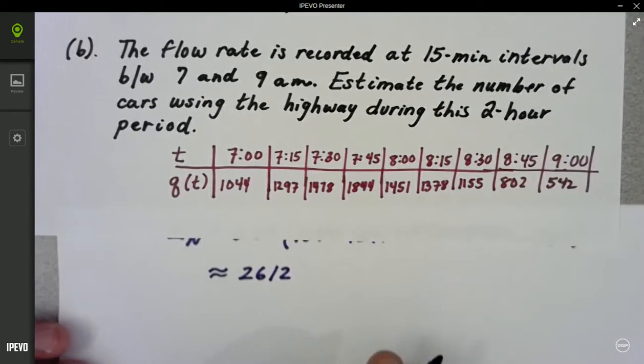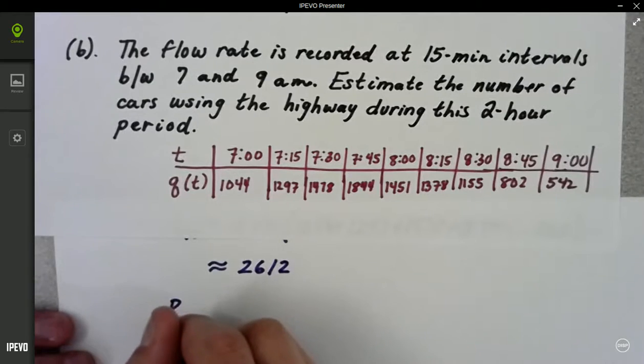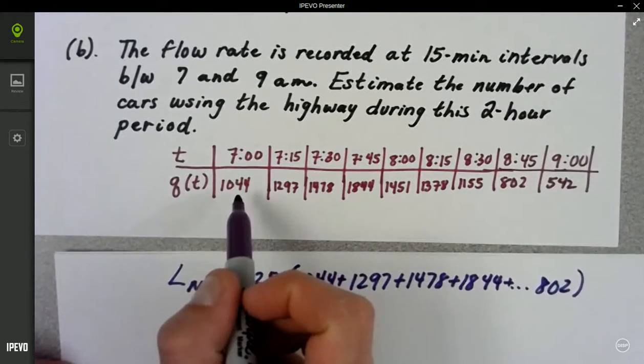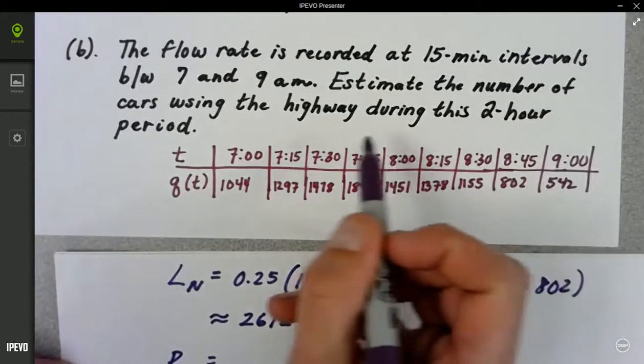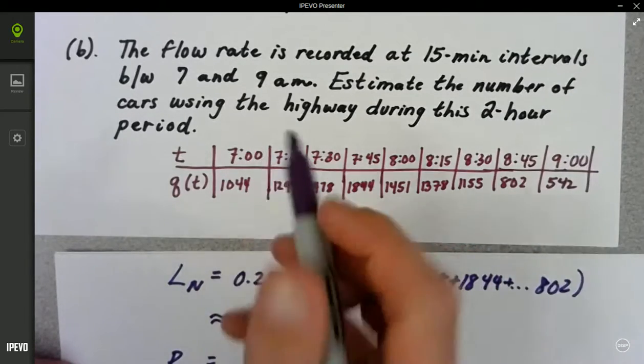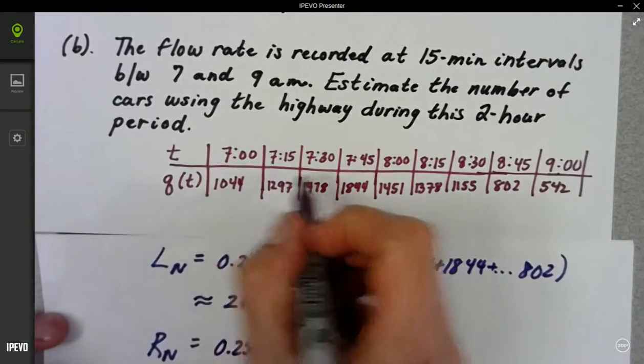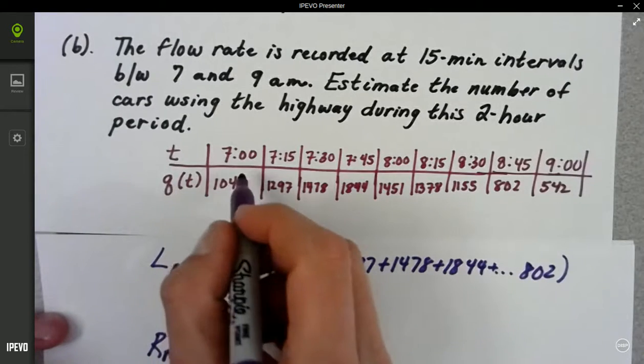The right Riemann sum uses all of these values except the first one. We leave the left endpoint off. Same thing, 0.25, and you add the sums starting with 7:15 to the end, because we're skipping the first one.